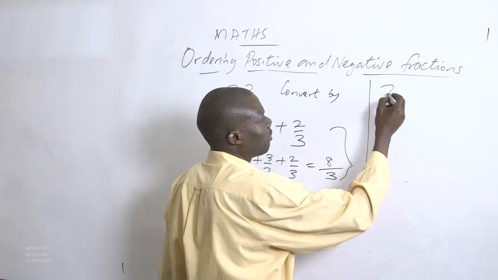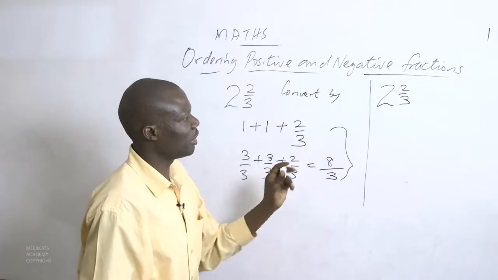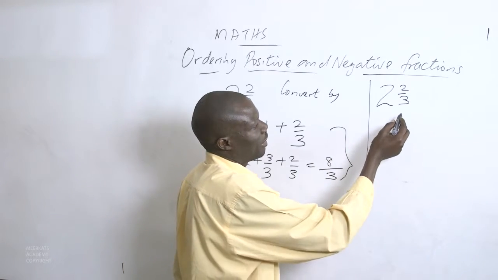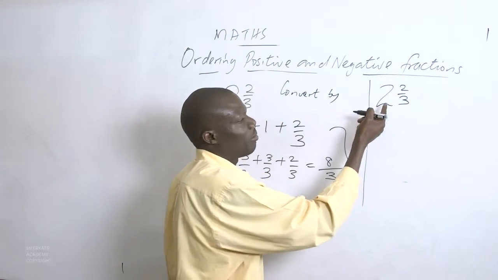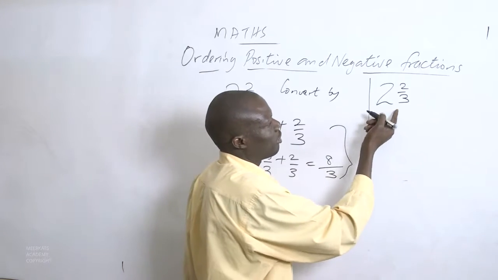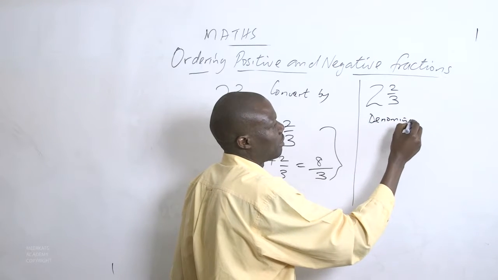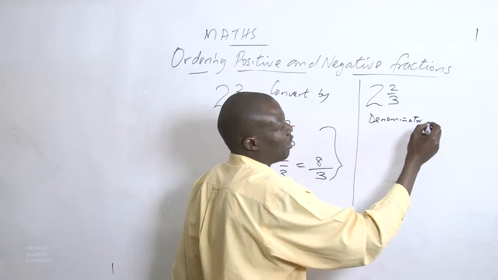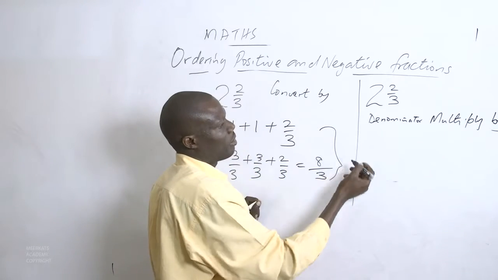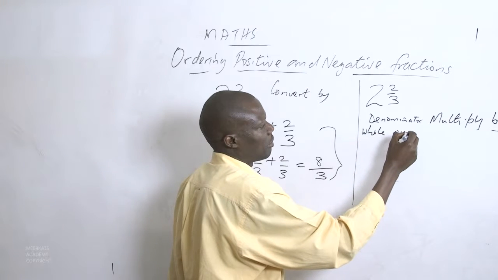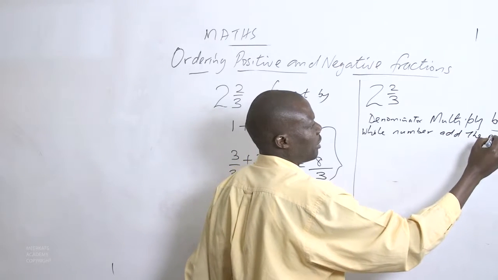Given that the number we want to convert is 2 and 2/3, we take the denominator, which is 3, multiply by the whole number, and add the numerator. So for the second method, take the denominator of the proper fraction, multiply by the whole number, add the numerator.